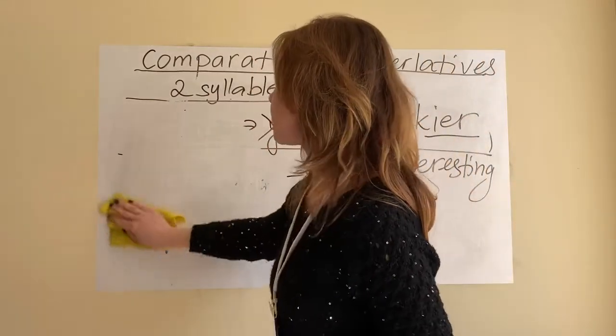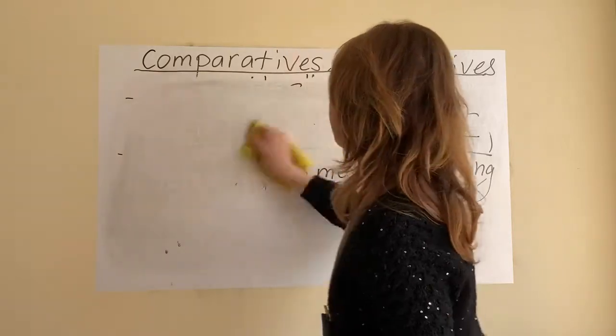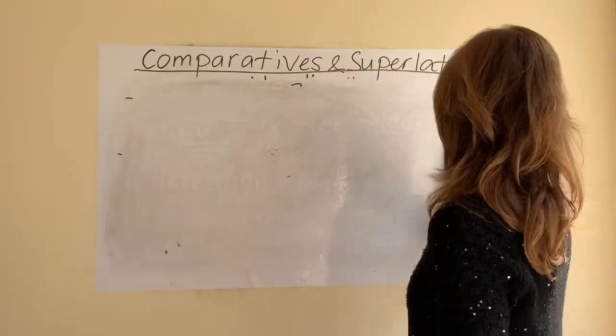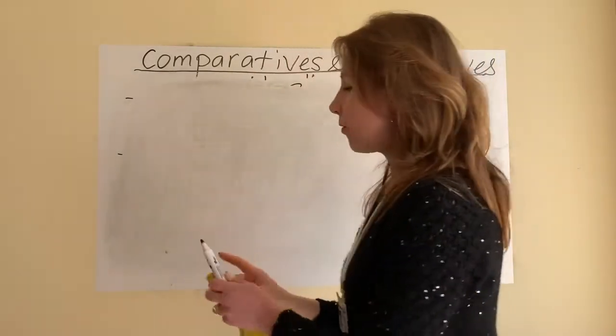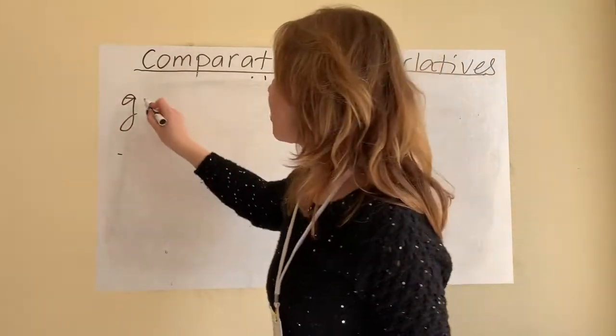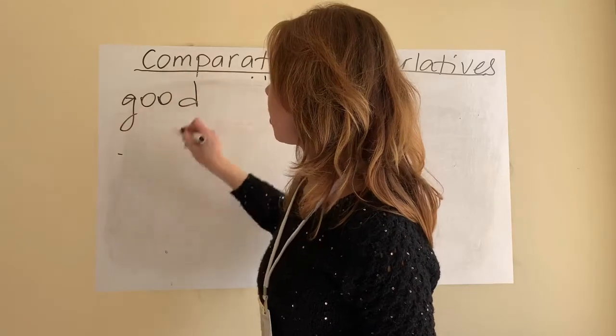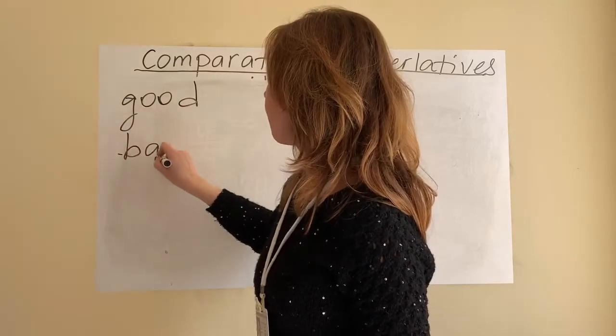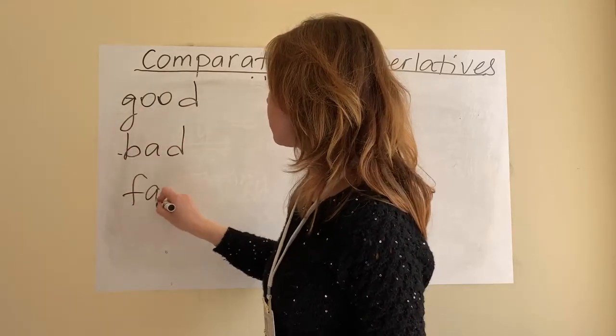There are also some irregular comparative forms. They're as follows. You need to memorize three adjectives: good, bad, and far.